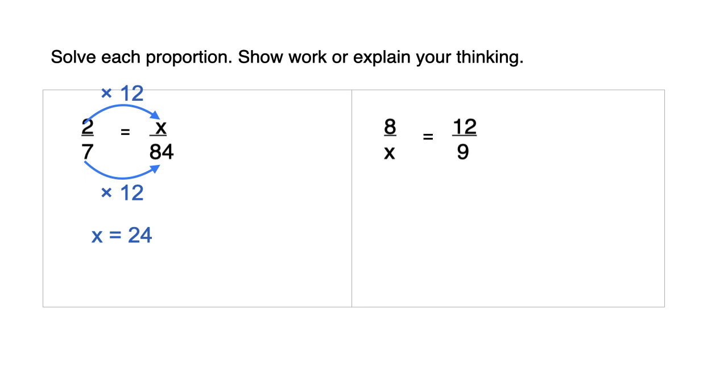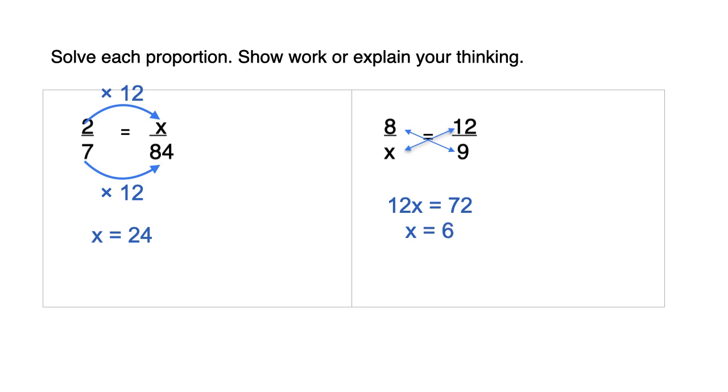Whenever that happens, I typically use cross products. I multiply the cross products and set them equal, because that is a property of proportions. So I'm going to say 12x is equal to 72. Now that's an equation I can solve by dividing both sides by 12. x is equal to 6.